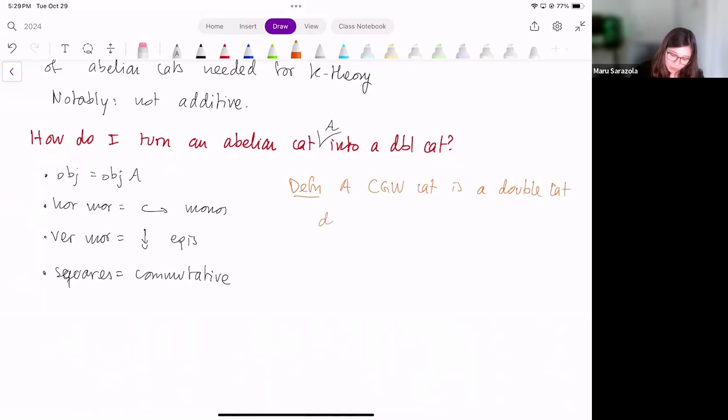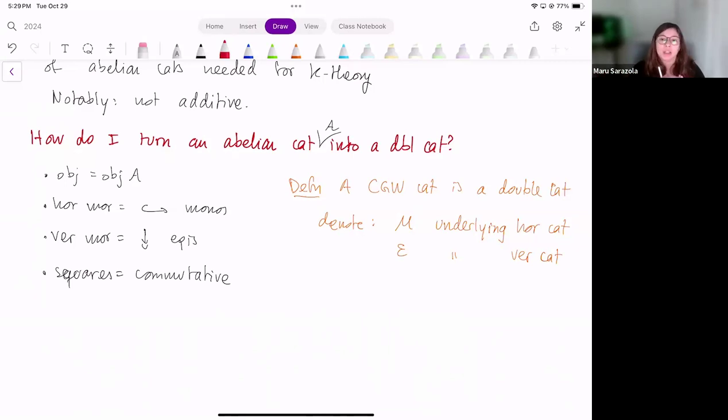And now I'm going to denote by M its underlying horizontal category, because I want to think of these as being monos, and by E the underlying vertical category, because I want to think of these as being epis. Okay, so the first thing we want to do, and this is a little bit annoying, but it turns out that it simplifies everything that comes after, is that it's going to be much simpler if both of the directions in my double category are completely symmetric.